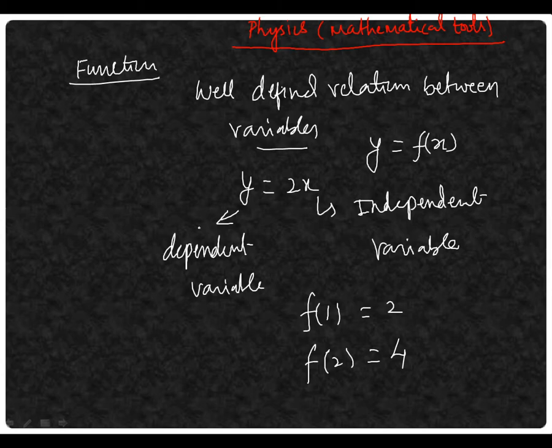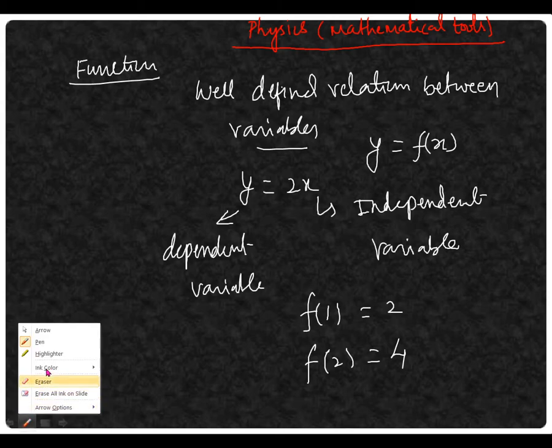Now there are 4 types of functions we use in physics. First is the algebraic function, second the trigonometric function, third the logarithmic function, and fourth the exponential function. We start with the algebraic function.